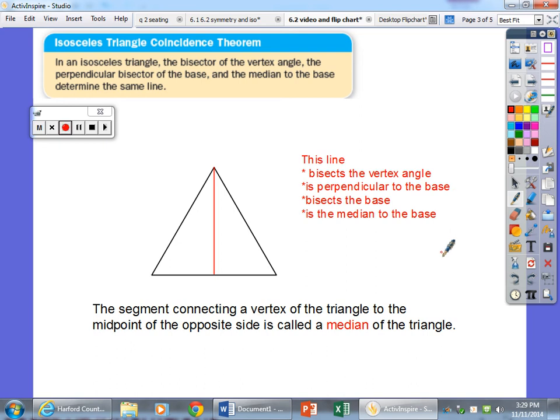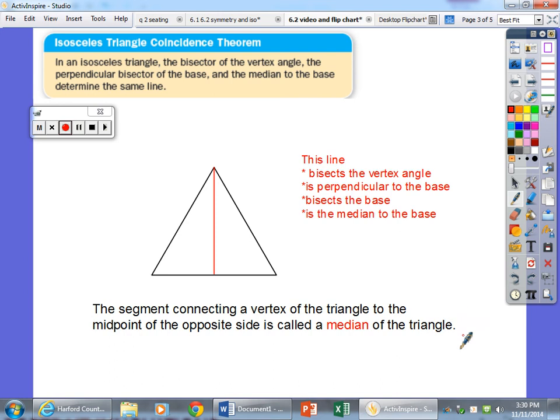So in an isosceles triangle, all of these things are represented by this one line. It cuts this isosceles triangle into two congruent right triangles, so this would also be your line of symmetry. This line represents a lot of different things.